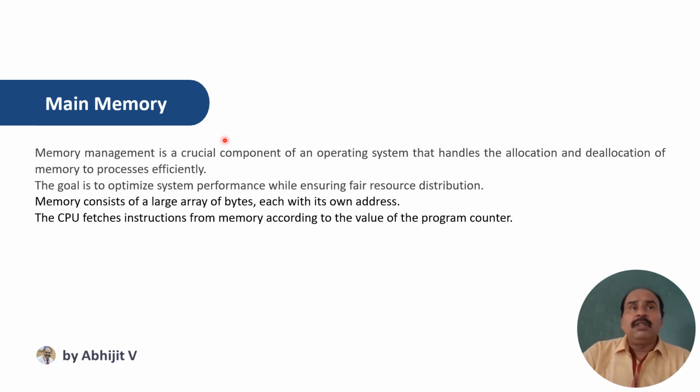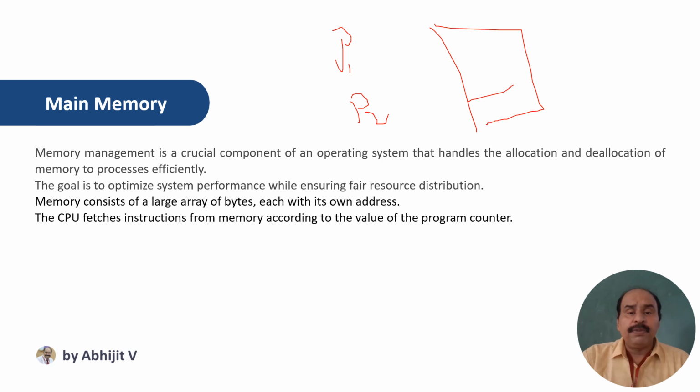We have started with what is meant by memory management. Memory management is a very crucial component of the operating system that handles allocation and deallocation of memory to the processes. I'll explain to you. We have processes P1, P2, and we have memory usage.